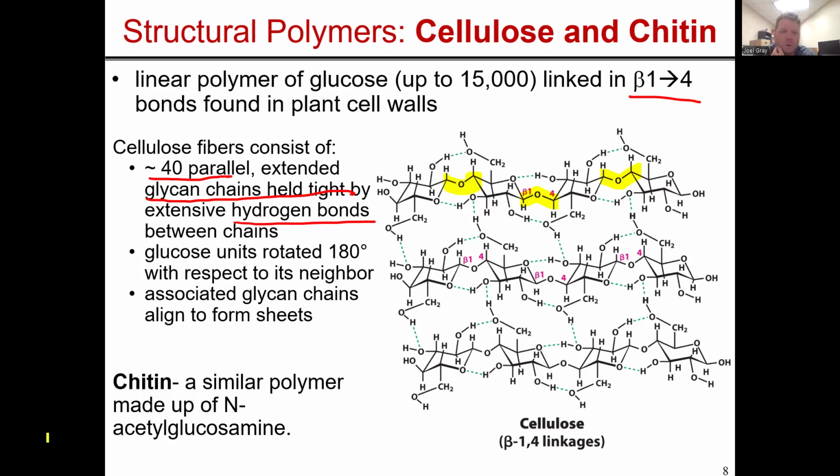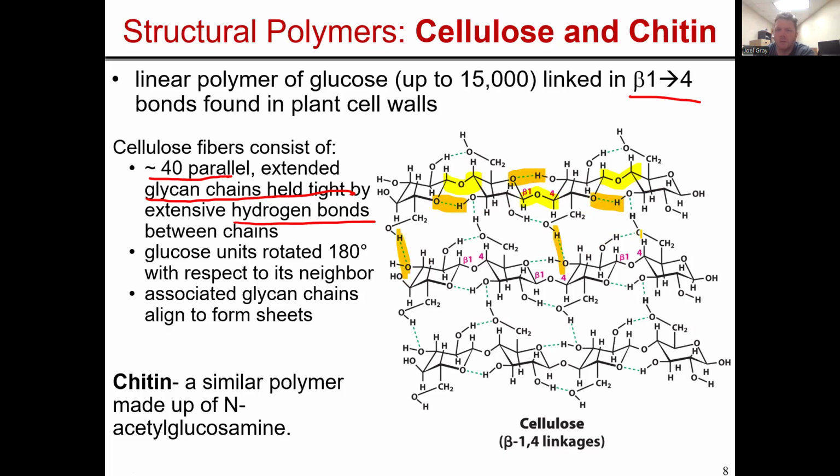What that allows for, and now I'm going to switch colors, is when we have those beta structures, that enables the oxygen found within our ring to hydrogen bond. Again, oxygen within the ring to hydrogen bond. In addition to that, we can also have a hydrogen bond network between strands.